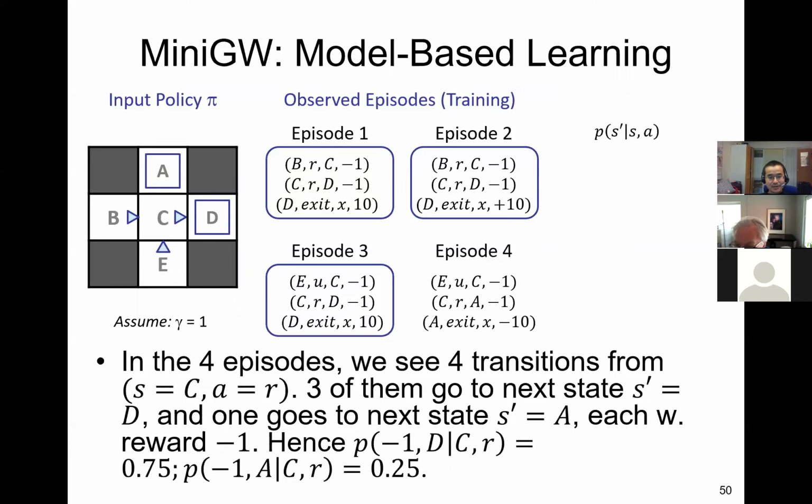From C, you can see that in 3 of the episodes, C goes into D, taking the right action, whereas in one episode, the right action brings it into A. And then you can simply say the probability of getting a -1 reward and going to the next state S prime equal D is 0.75, and going to A with probability of 0.25.